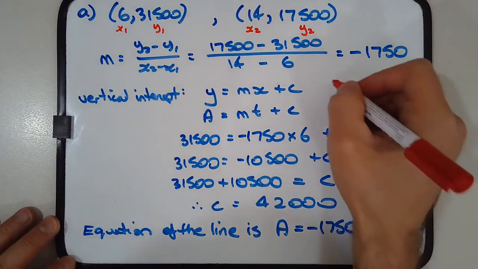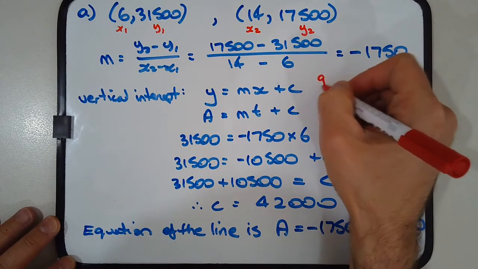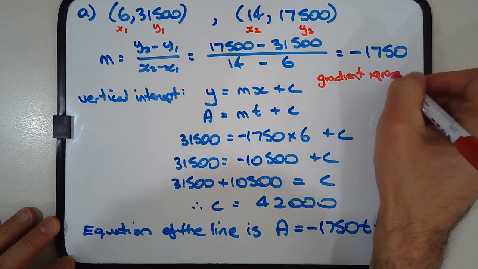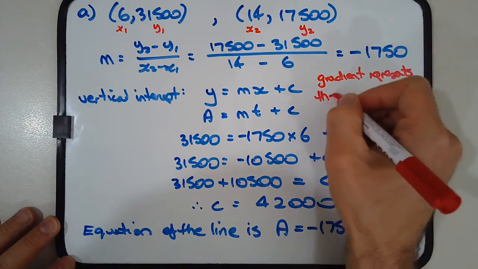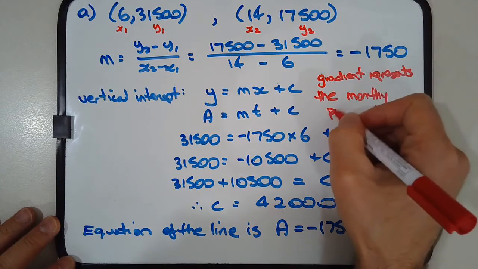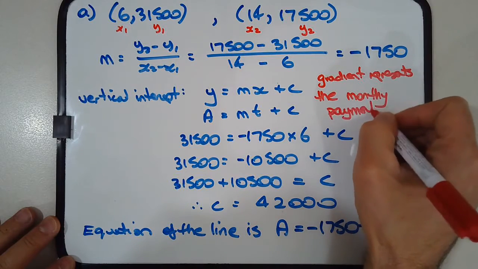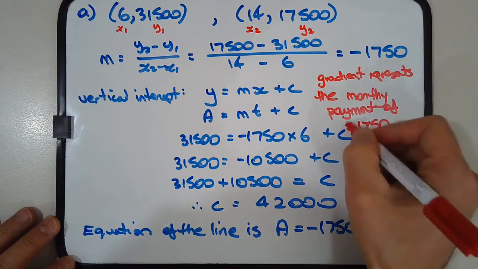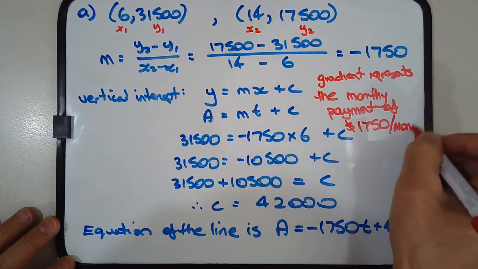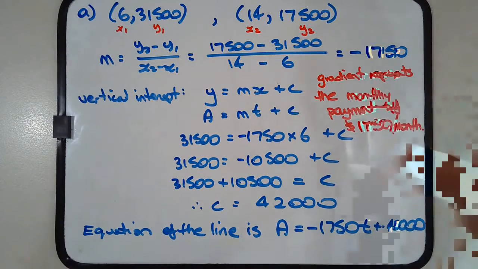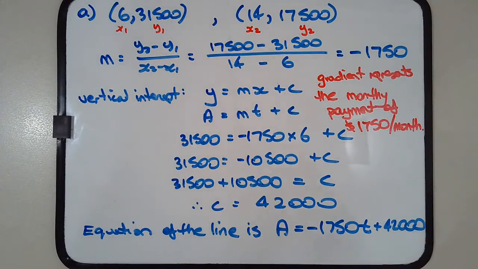So the gradient represents the monthly payment of $1,750 per month. Okay, so it represents the gradual paying back of the loan.